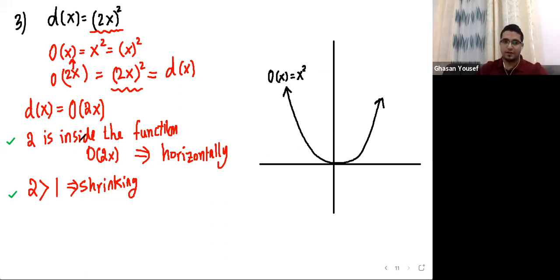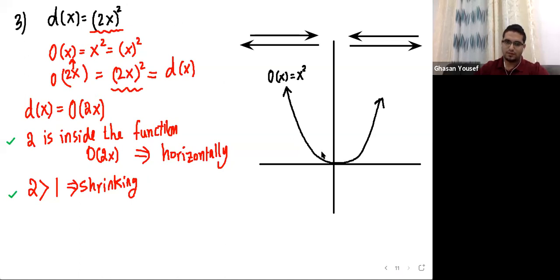Now to graph the d of x, we have to do a horizontal shrinking for this one. Horizontal means something like this. Like this or this on this side. Okay, horizontally shrinking, it will be close to the y-axis.